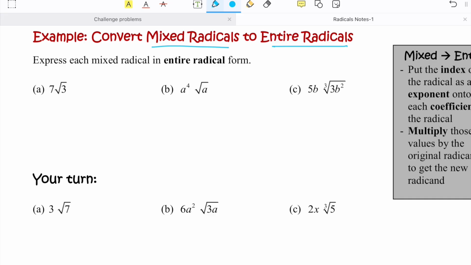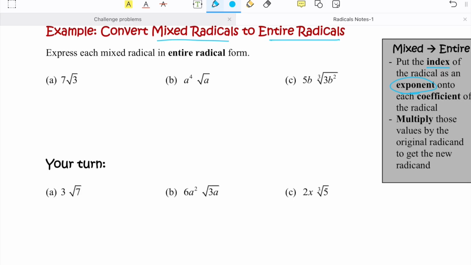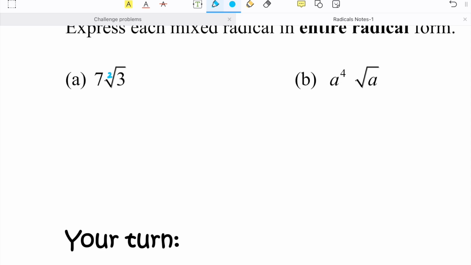Now they're asking us to convert mixed radicals to entire radicals. We're given mixed radicals and we need to put it in, right? So put the index of the radical as an exponent. The index over here is 2. Whenever you don't have something, it's just square root. So 7 squared times 3, then you put the radical, and you get 49 times 3, which is 147.